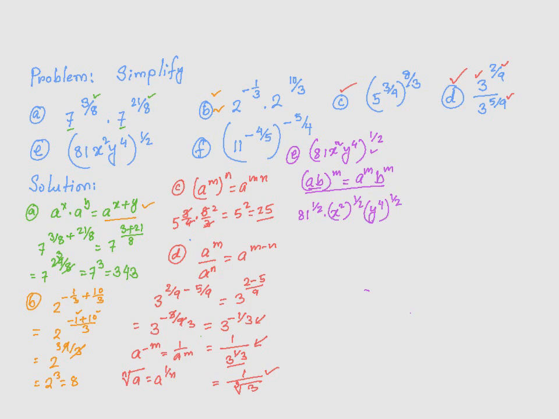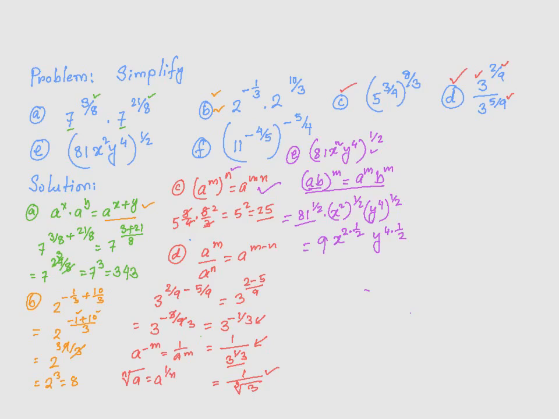Now to simplify this, I'm going to use another rule, which I may have talked about. Yeah, this rule: a to the power m to the power n is a to the power mn. So this is going to be x to the power 2 times 1/2, y to the power 4 times 1/2, and 81 to the power 1/2, by the way, is the square root of 81, which is just 9.